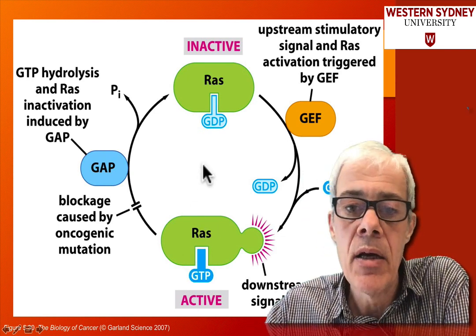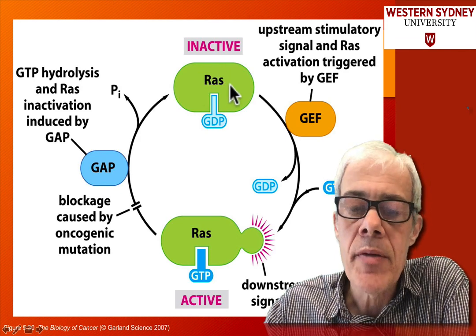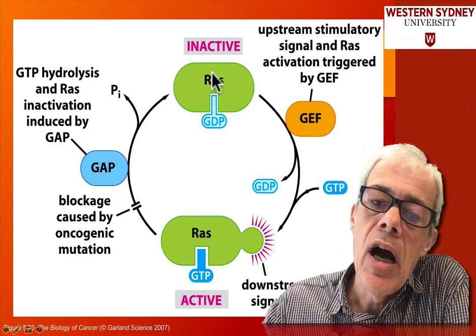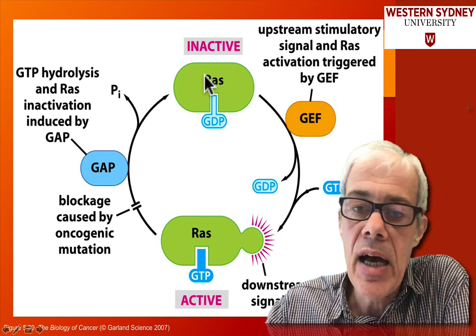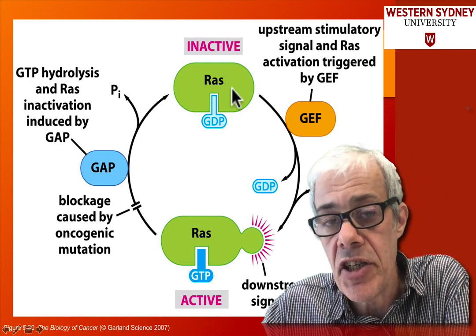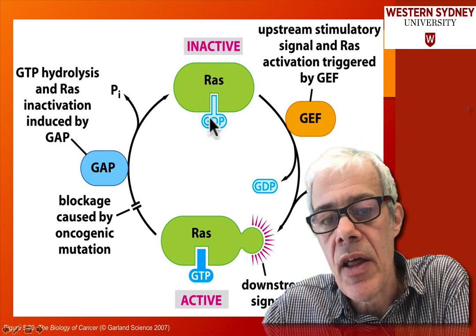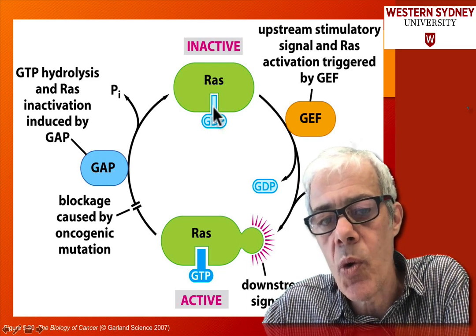So what's happening here? RAS is a protein, it's referred to as a GTPase. So it's a protein that binds to a small nucleotide.